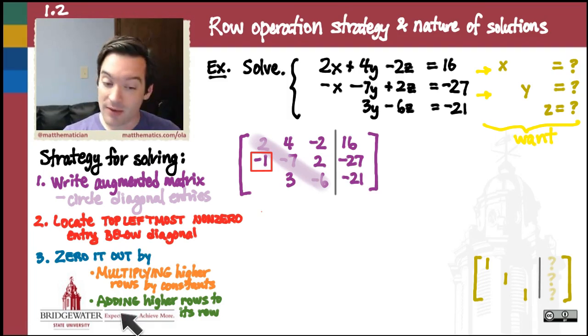The second fundamental type of thing we can do is to add 2 rows together. This was an example we saw in the previous video when we were working a little bit with algebra: if I have 2 equations which are both true, and I add their left-hand sides together, and I add their right-hand sides together, I'm going to get a new equation which is also therefore true, because the original equations were also true.